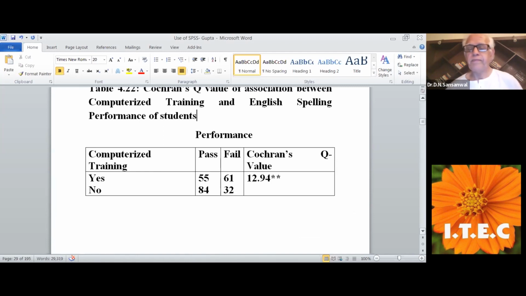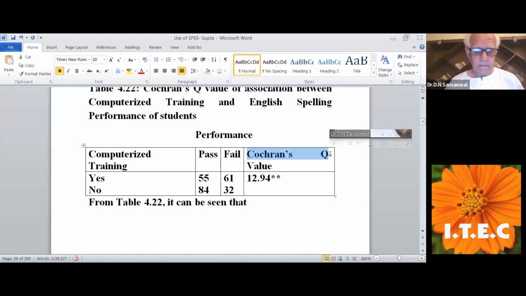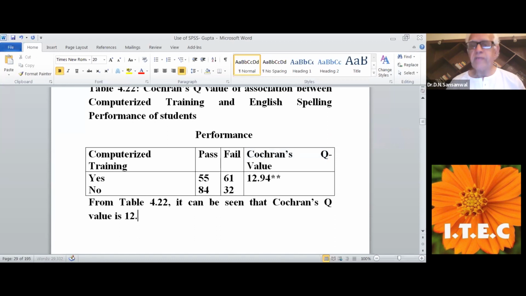Now, from table 4 point, it can be seen that the Cochran Q value is 12.94, which is significant at 0.01 level.